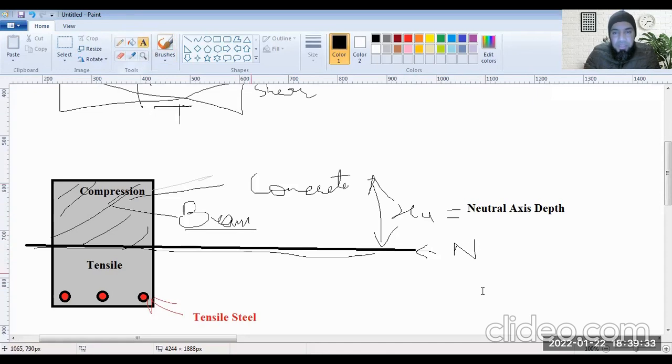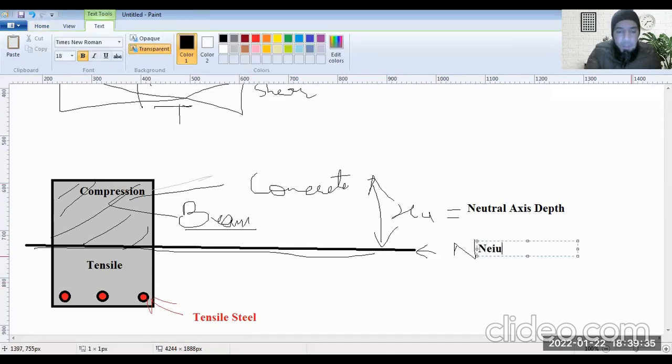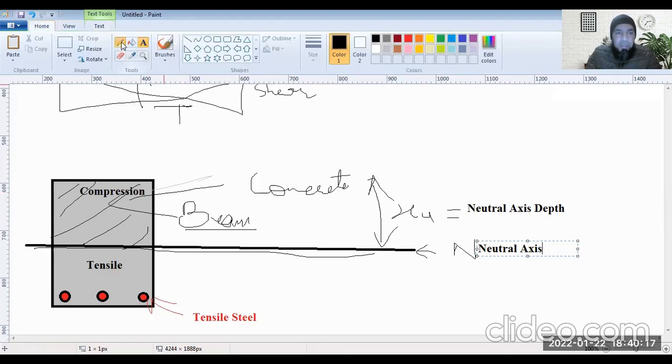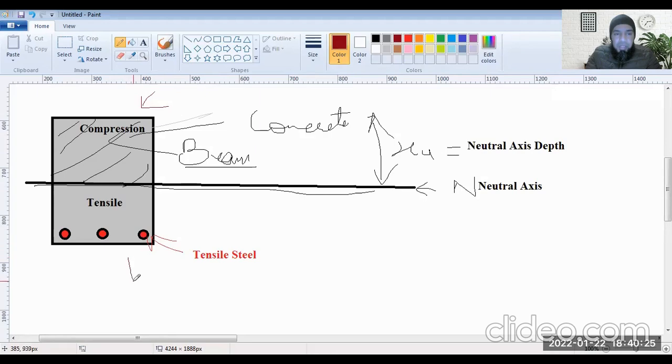This line in the middle has zero tension, zero compression. So where will the maximum compression act? The maximum compression will be acting here at the top. And where will the maximum tension happen? It will be at the bottom.